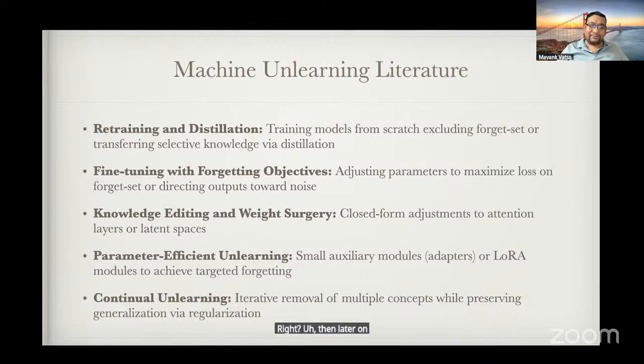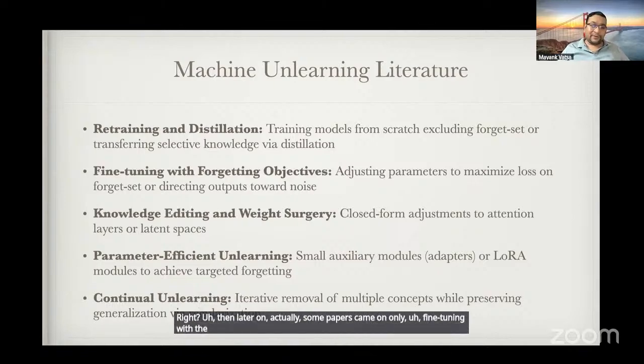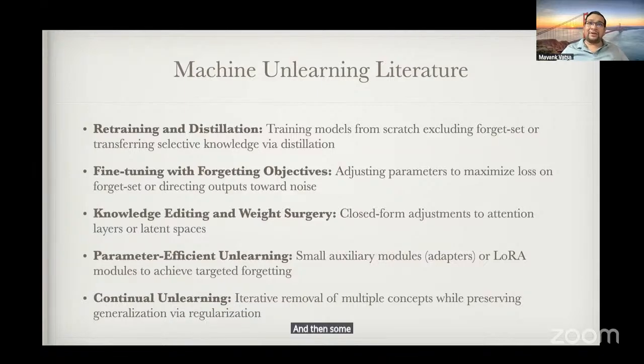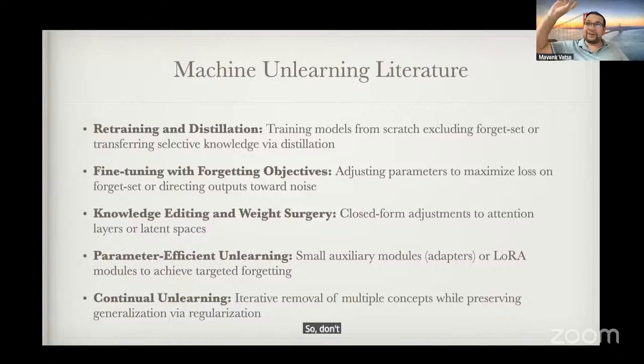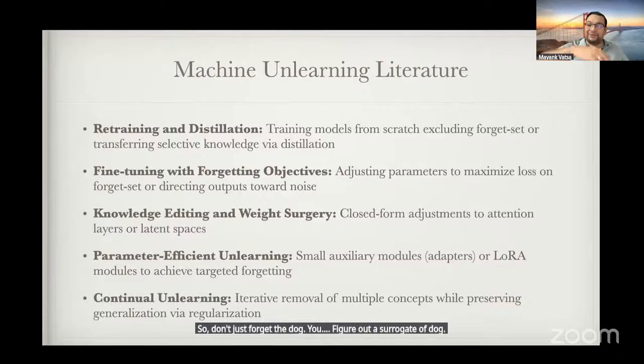Later on, some papers came on fine-tuning with forgetting objectives. And then some papers said, in place of just forgetting the dog, you figure out a surrogate of dog and replace it with that particular surrogate.